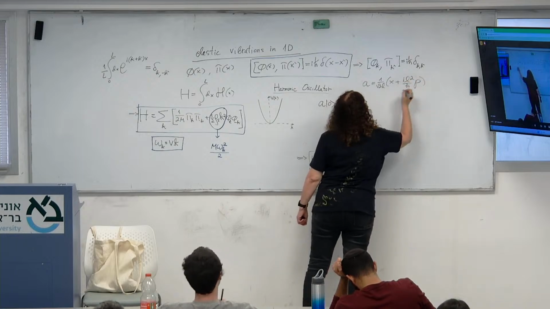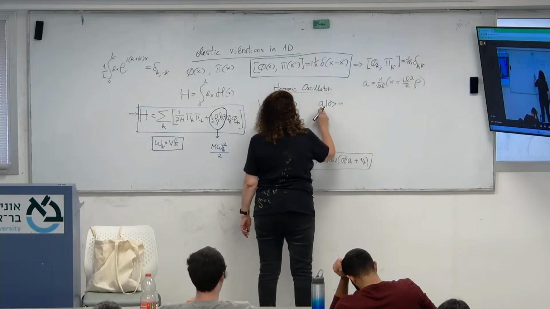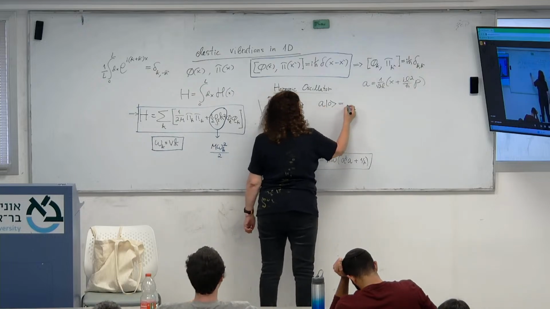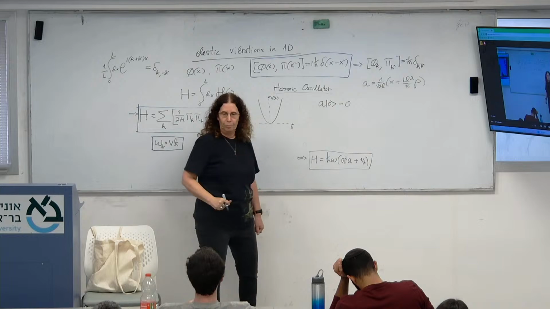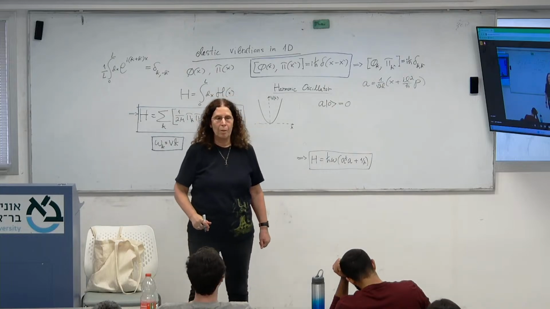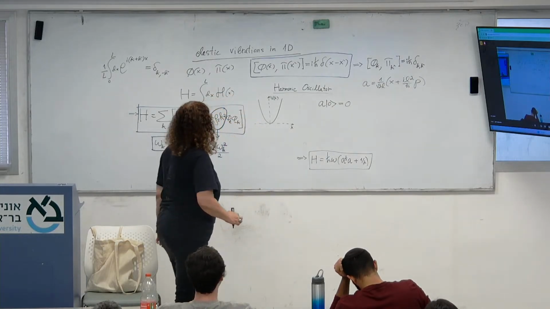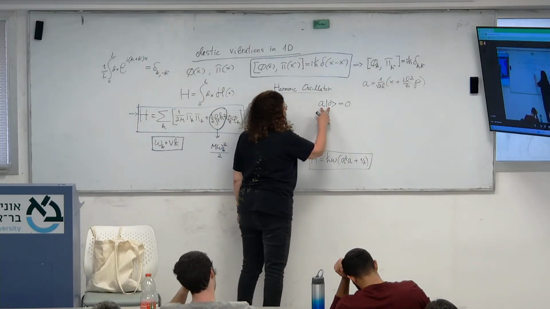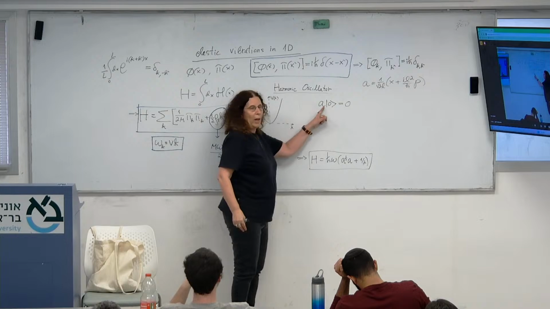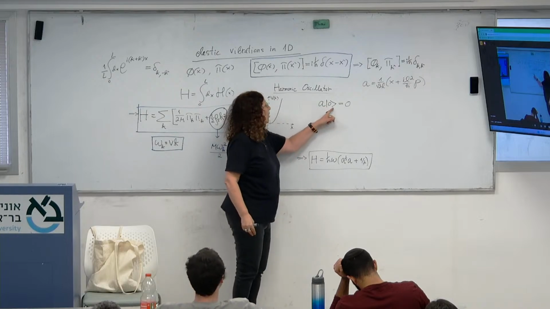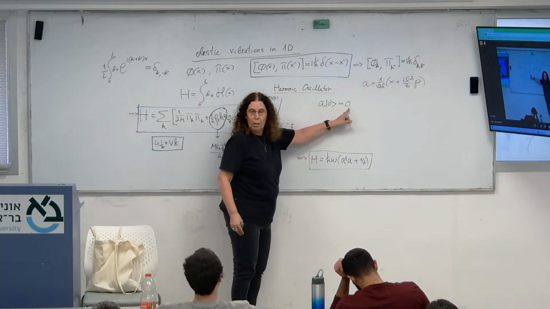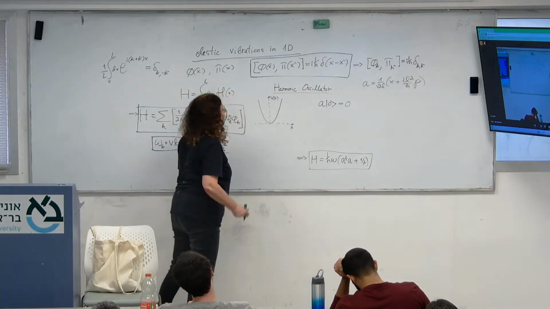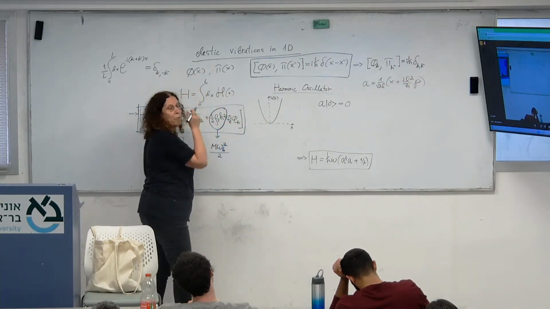Sorry for erasing. So applying A on the ground state gives you 0. Okay, so there is a ground state which is an eigenstate of the operator A with zero eigenvalue.